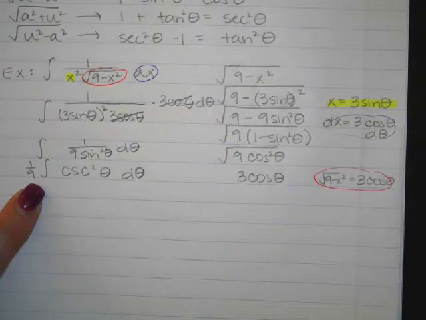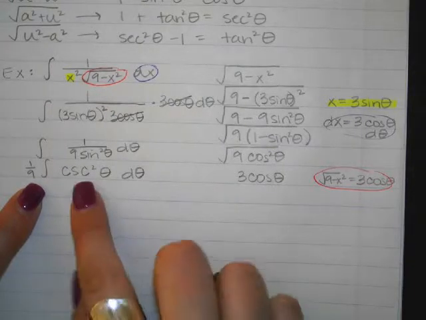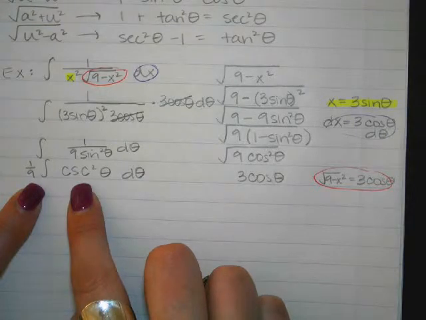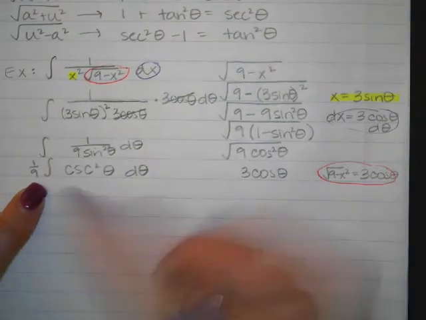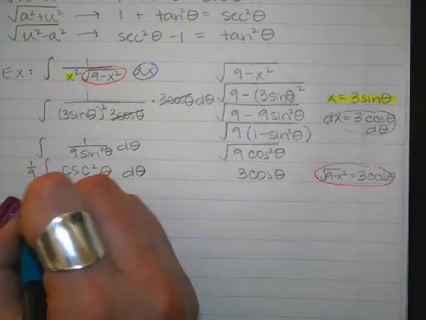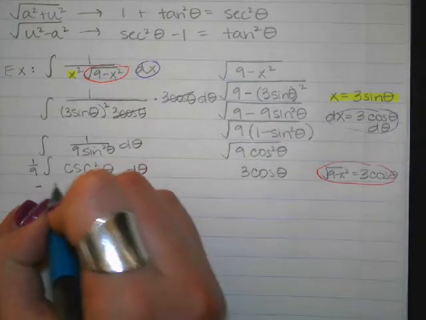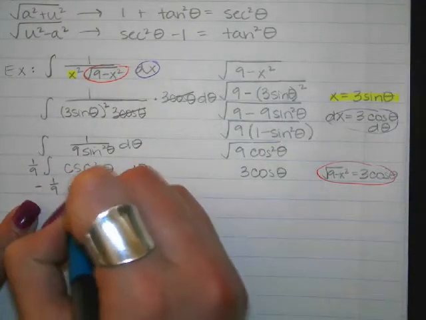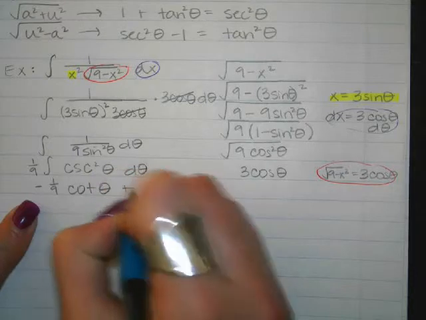It's cotangent. So the derivative of cotangent is negative cosecant squared. So the antiderivative of positive cosecant squared would be what? Negative cotangent. So I'm going to say this answer is negative 1/9 times cotangent theta plus c.